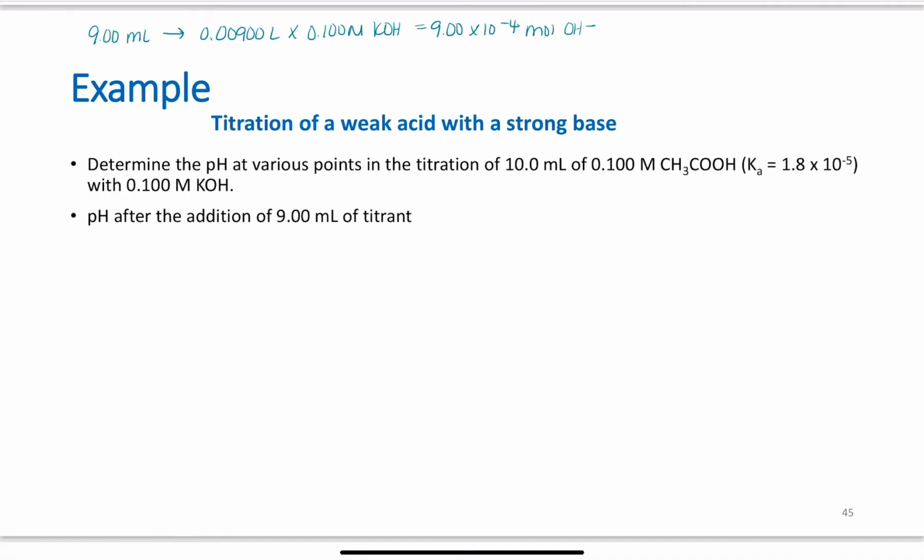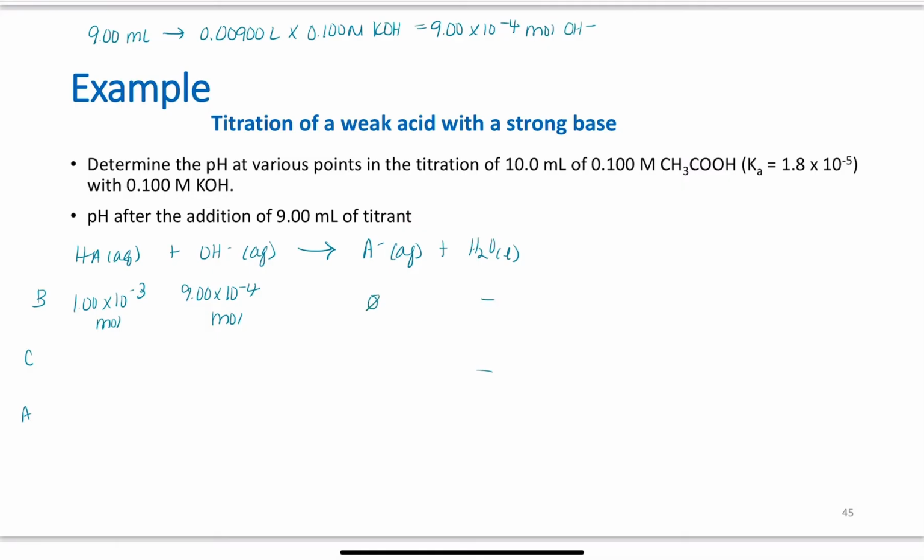Again, we need a BCA chart because we do have a weak acid reacting with a base. Single-headed arrow, A minus plus H2O. We know initially we have 1 times 10 to the minus 3rd moles of HA, and we just calculated that we have 9 times 10 to the minus 4th moles of OH minus.